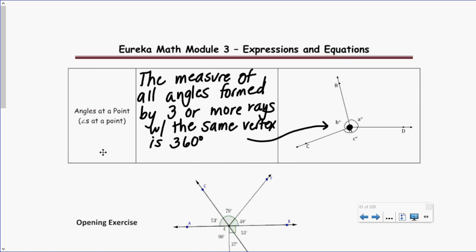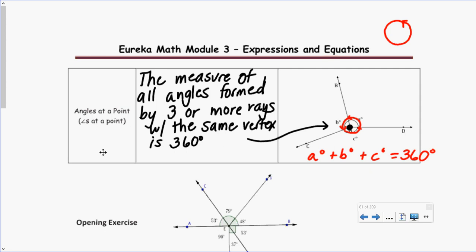It's like saying, here's C degrees, here's A degrees, and here's B degrees. Most of you know that when you go all the way around in a circle, that's 360 degrees. So for this example, A degrees plus B degrees plus C degrees equals 360 degrees.